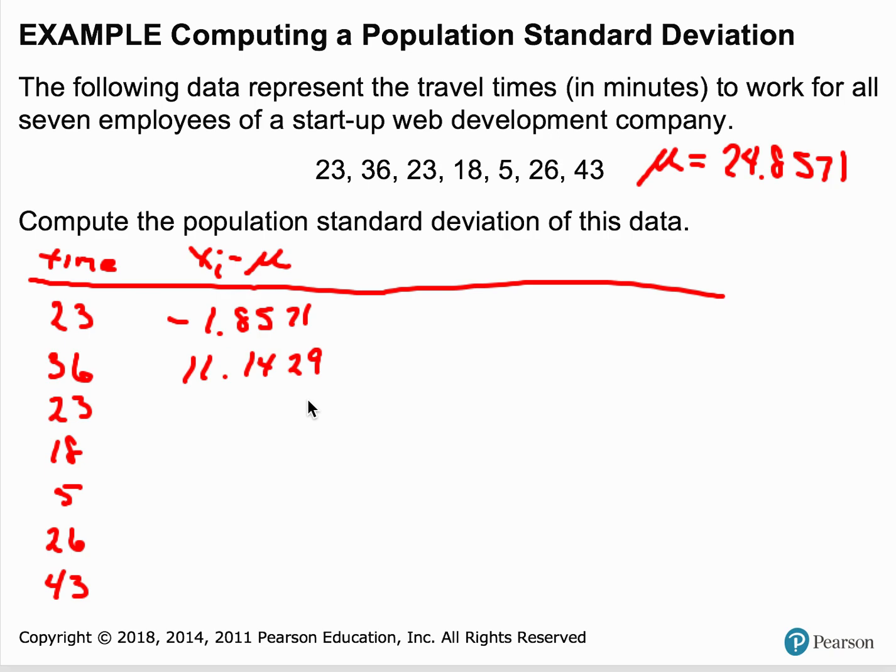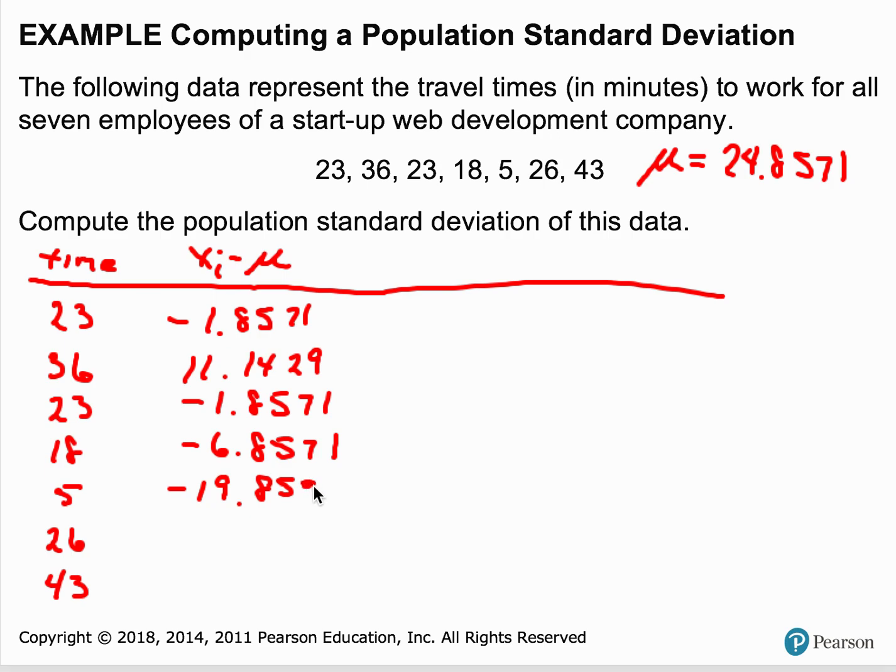23 minus 24.8571, we've already done that one, negative 1.8571. Okay, what about 18 minus 24.8571? Negative 6.8571. How about 5 minus 24.8571 to get negative 19.8571?